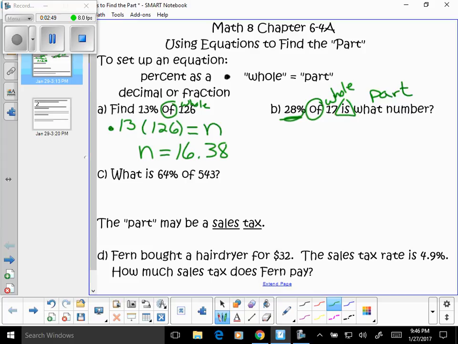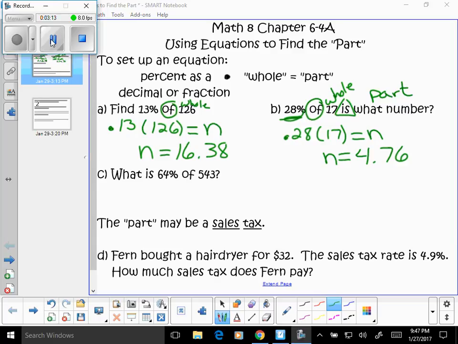Look for the of, look for the percent. 0.28 times 17 equals, is, by the way, gets replaced with equals, n. Now I put it through my calculator, n will equal 4.76. So at this time, hit pause and you do example C.